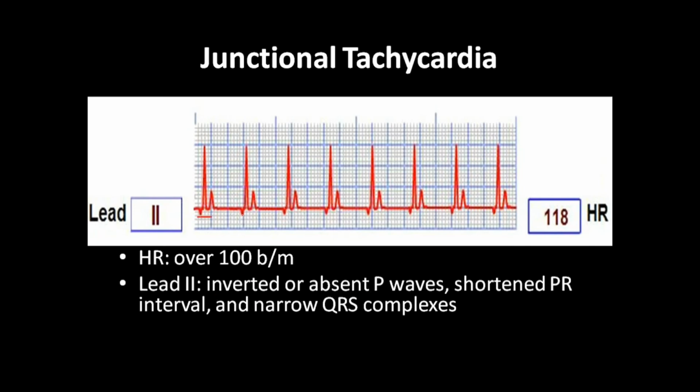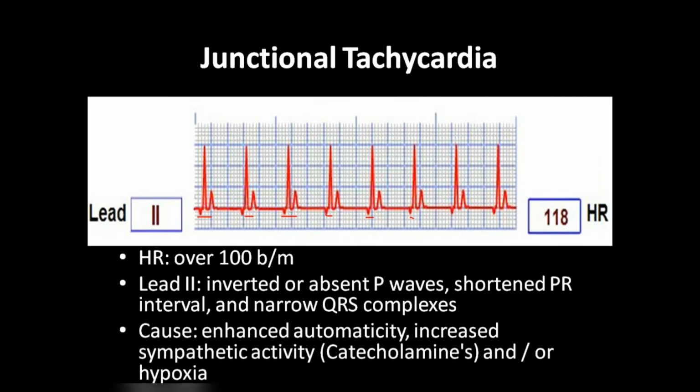Similar to the previous wave, but the heart rate will be more than 100 beats per minute, and the P waves are inverted or maybe absent, and the PR interval is again shortened. It will be less than 0.12 second, and the QRS complexes are always narrow.